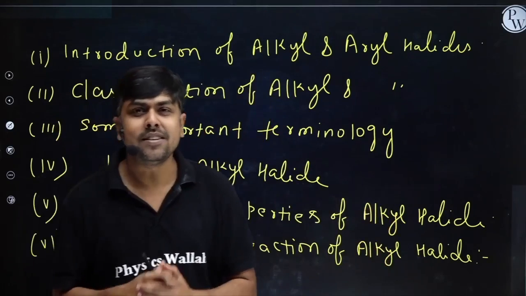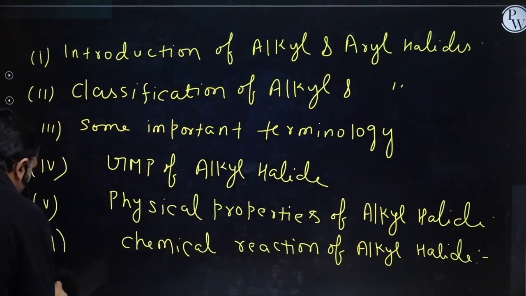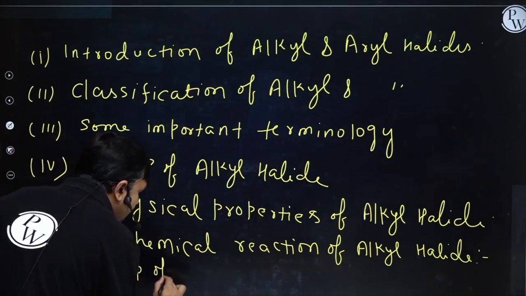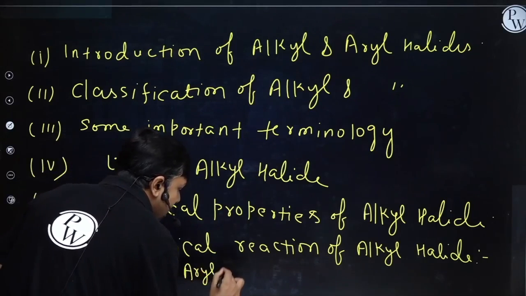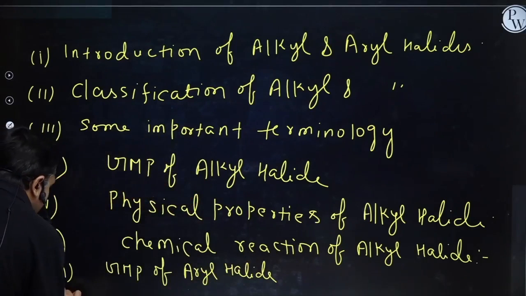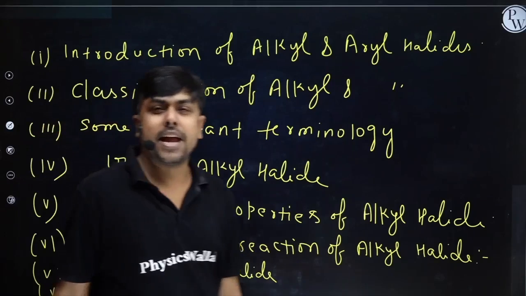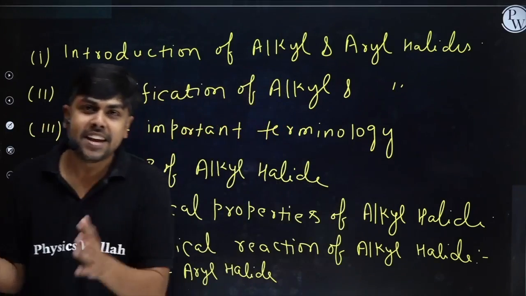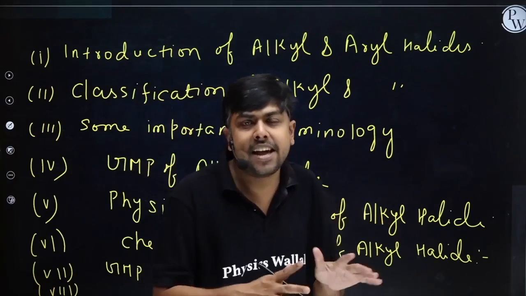Am I clear, students? And then we'll be talking about GMP of aryl halides, and at the last we'll be talking about chemical reactions of aryl halides, mainly SN-AE reaction and SN-EA reactions.